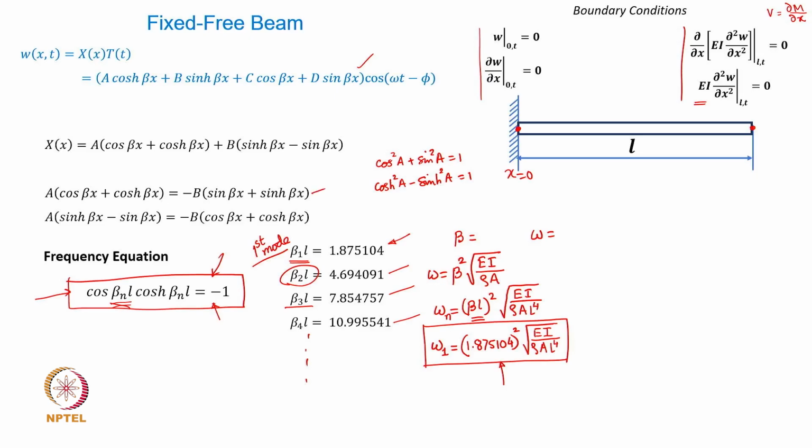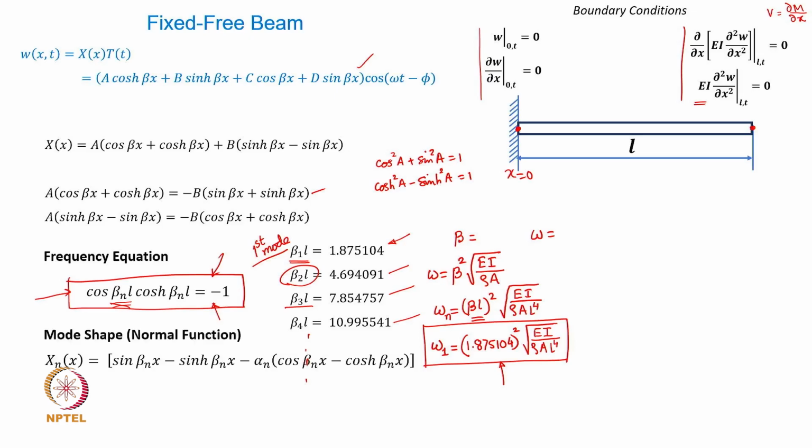And of course you can use this particular equation to get the mode shape expression. So the mode shape X_n(x) is going to be obtained by substituting A and B in this expression, by using these two equations that we have got by implementing the boundary conditions, and then it is easy to find that the expression for the mode shape is going to be what you see here, right?